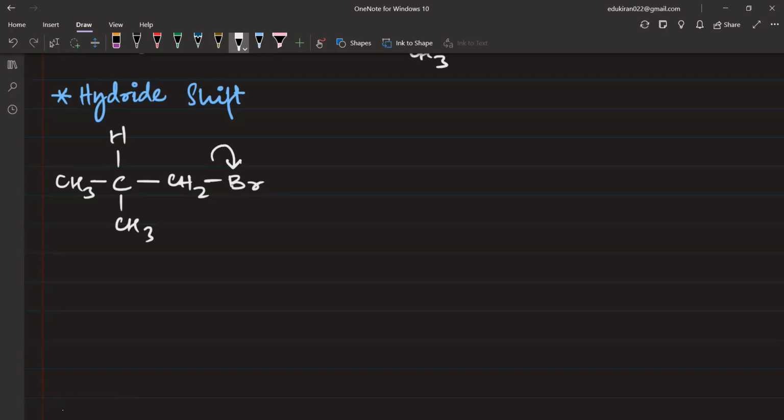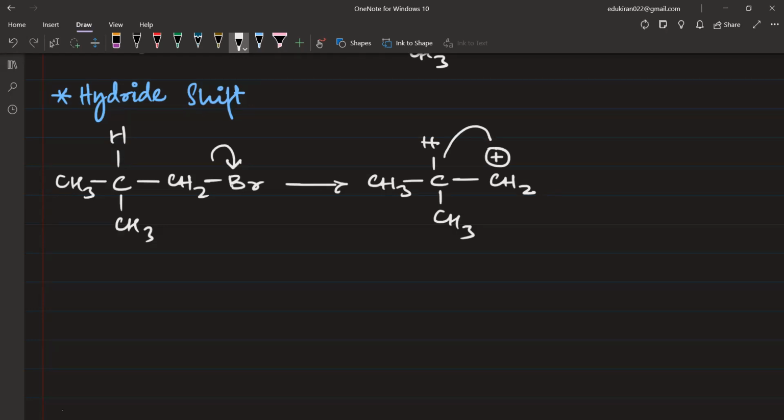Now, if I look at the first step, it's going to give me CH3, carbon, so hydrogen is here as it is, CH3, CH2 positive. Now, this hydrogen can shift here. This is going to give me CH3, carbon with CH3, and this CH2 gets one hydrogen, CH3.